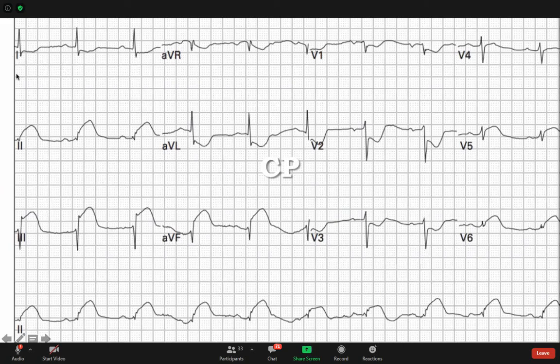طيب أول شيء الريدم. ريجولار. Regular. Yeah. يعني is this sinus? تذكر questions اللي سألناها. Is every P wave followed by QRS? Yes. Is the P wave normal morphology?